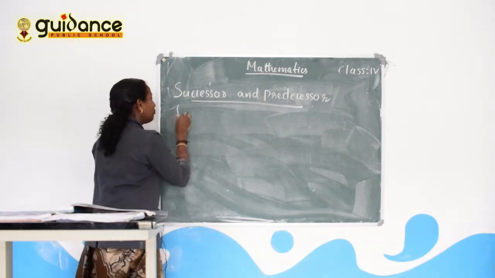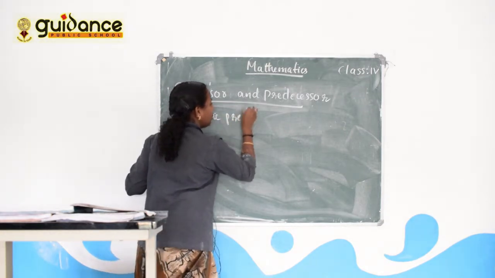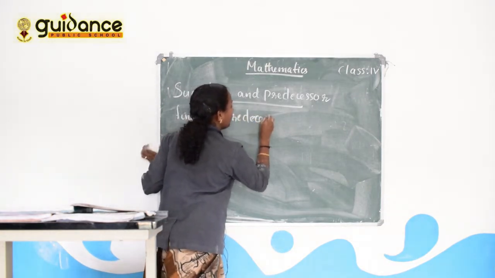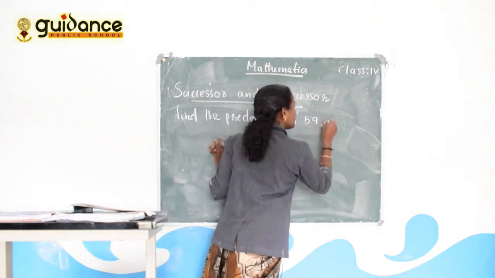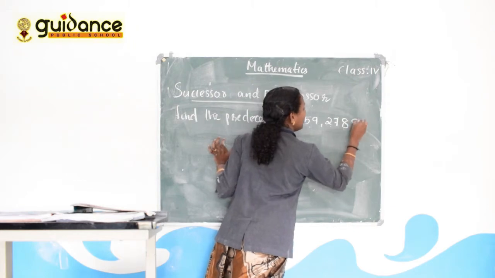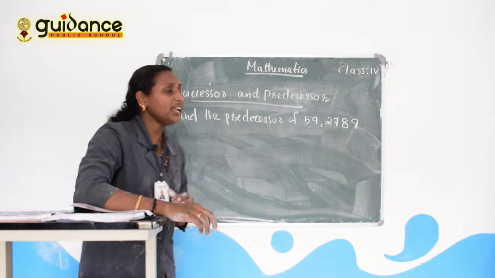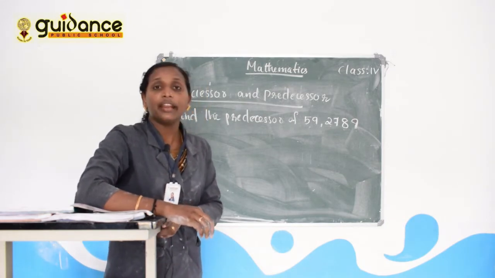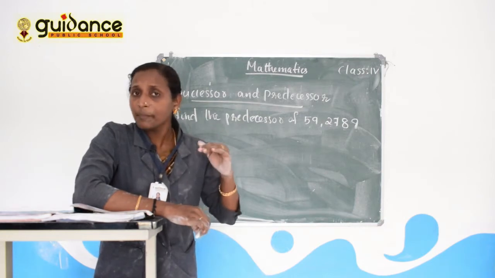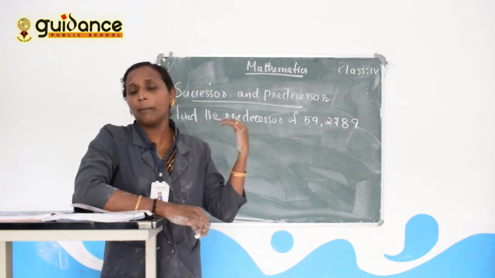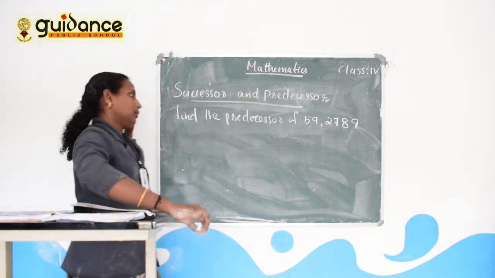Find the predecessor of 59,278. Predecessor means just before the number. That means we subtract 1 from this number.